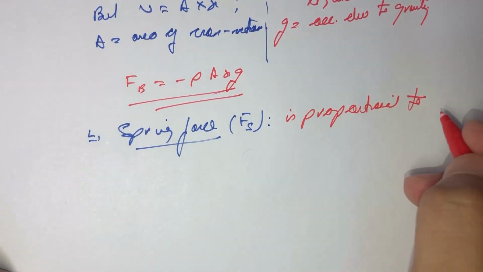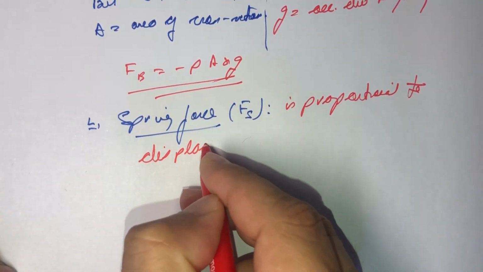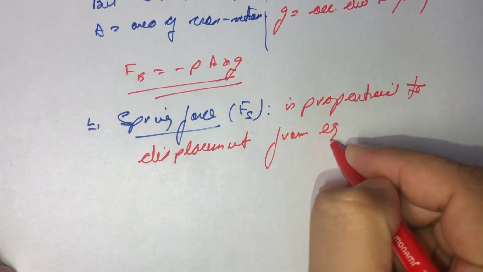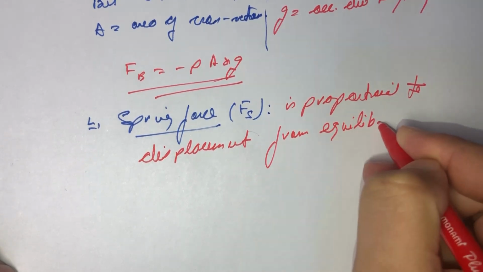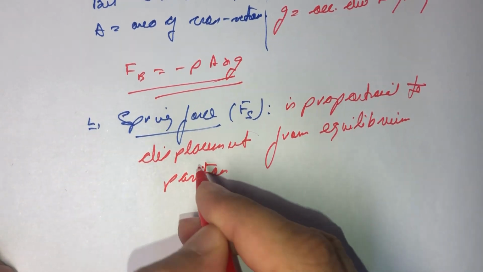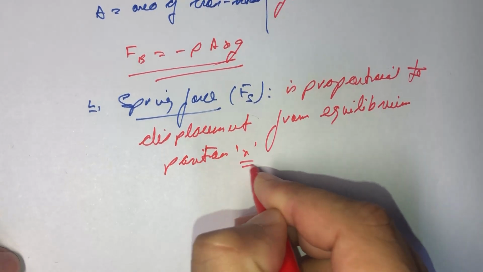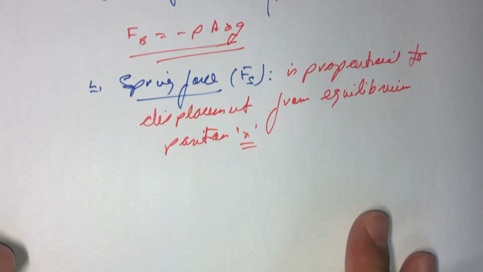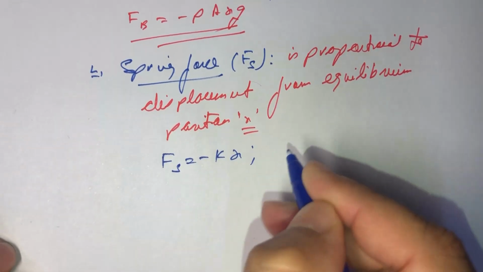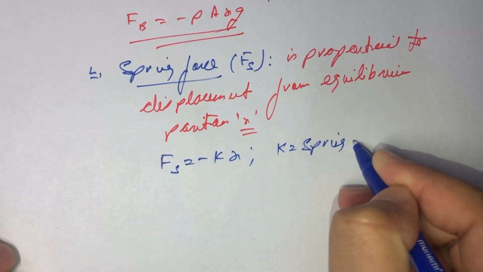The displacement from equilibrium position is also given as x. Therefore, we can say our spring force Fs is equal to minus kx, where k is the spring constant.